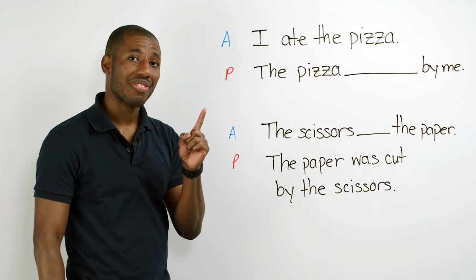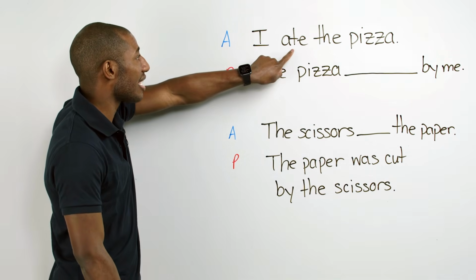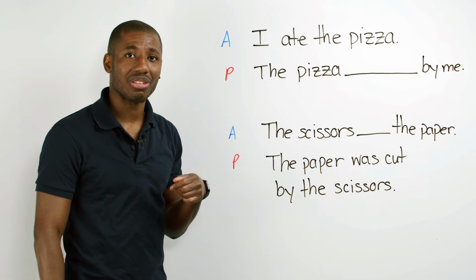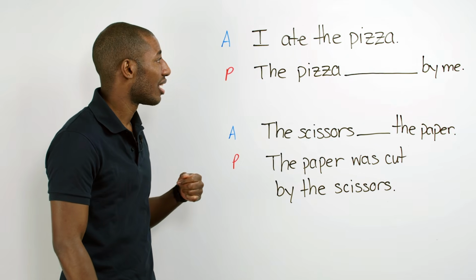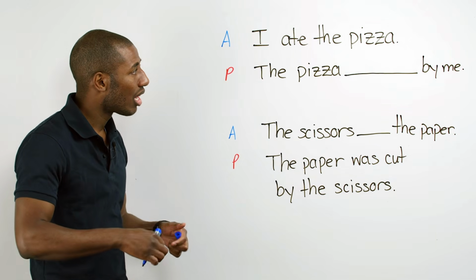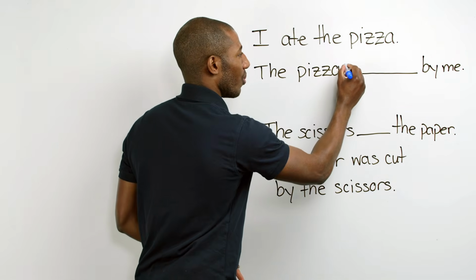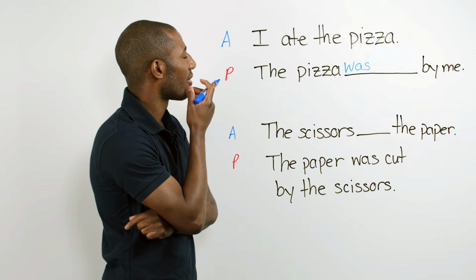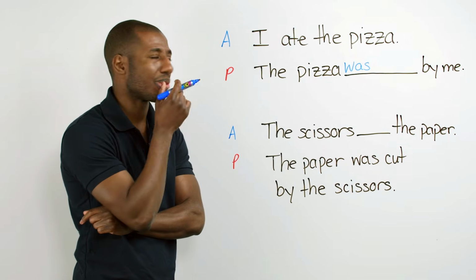So I know that since this action is written in past tense, my to be verb also has to be written in past tense. So let's write was as our to be verb, but we still need a past participle.